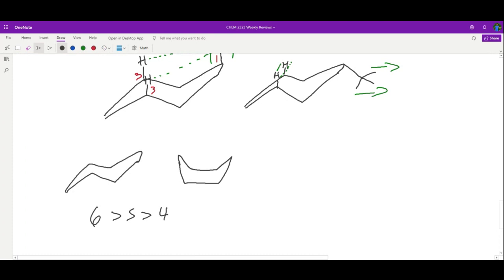But these are membered rings. You guys learned about IR and about ring strain. So the smaller your ring is, the more energy it takes to break those bonds.